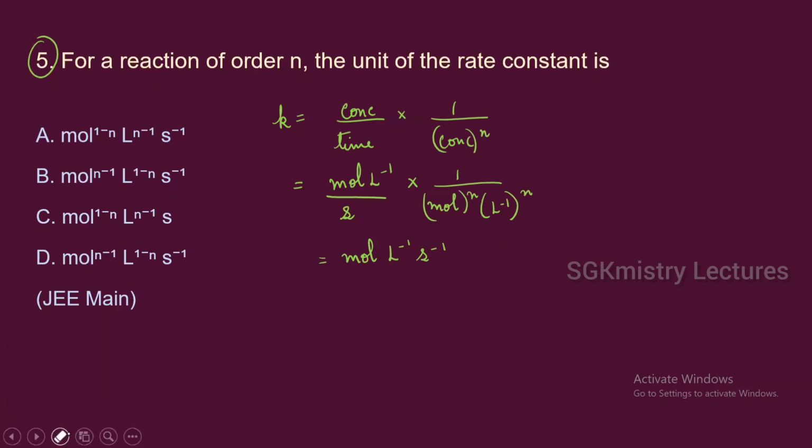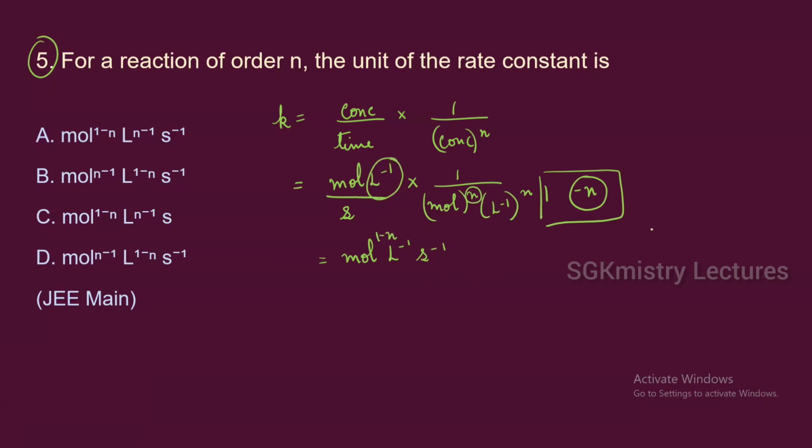Let me simplify here itself instead of going for another step. This indicates mole to the power of 1, right? Now n is in the denominator. When I bring it up, it becomes 1 minus n, since this n becomes minus n when it comes to the numerator. Already there is mole to the power of 1, so overall you get mole to the power of 1 minus n.